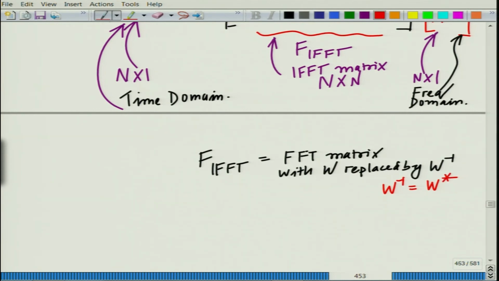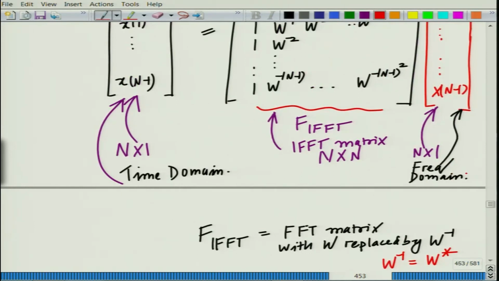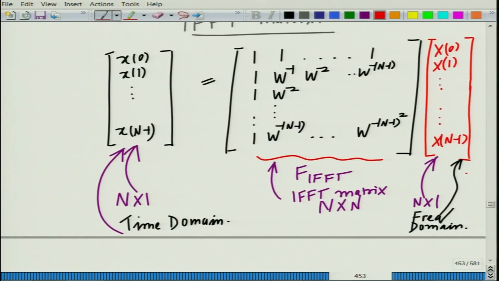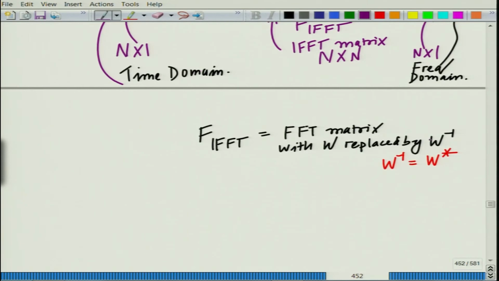And of course, not to forget, there is a scaling factor in front of this, 1 over n. So, replaced by W inverse or W conjugate and scaled by 1 over n. Okay.